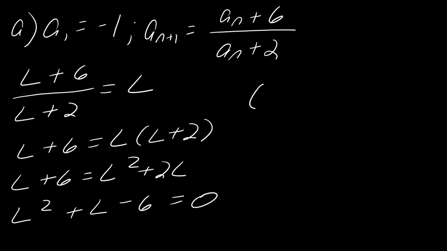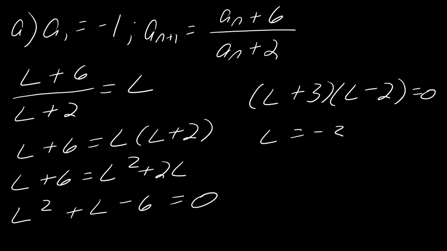That factors into L plus 3 times L minus 2. So L has to either be negative 3 or L has to equal 2. So I have two potential values for what L could be.